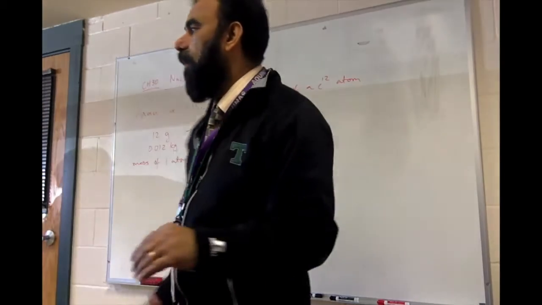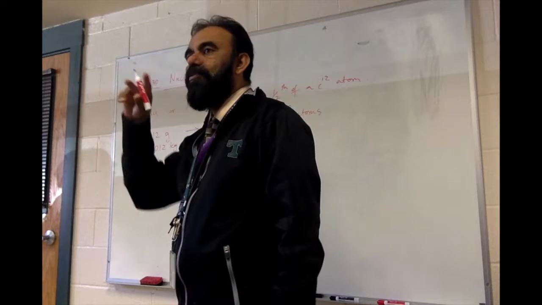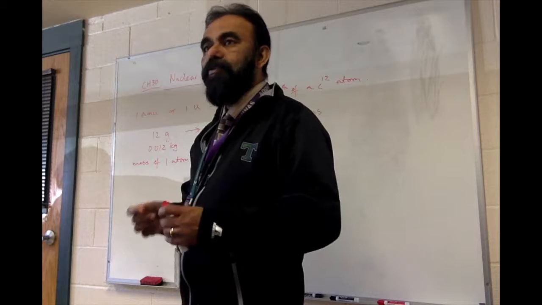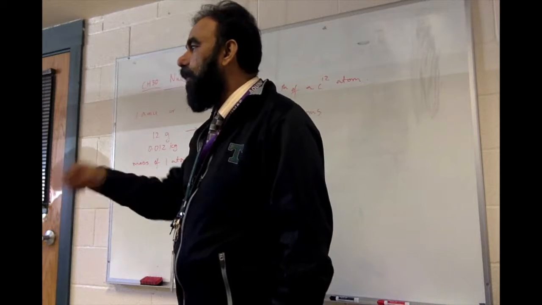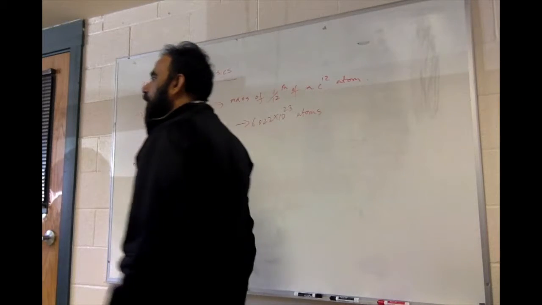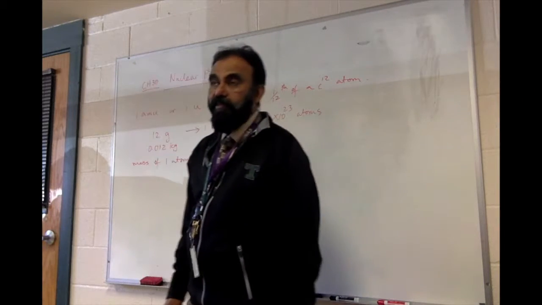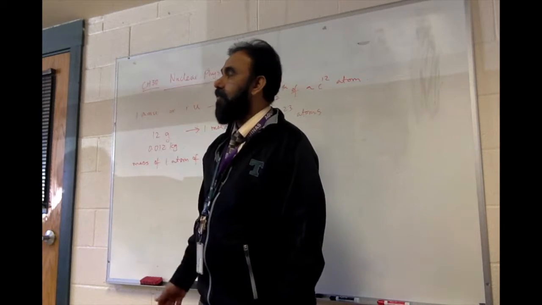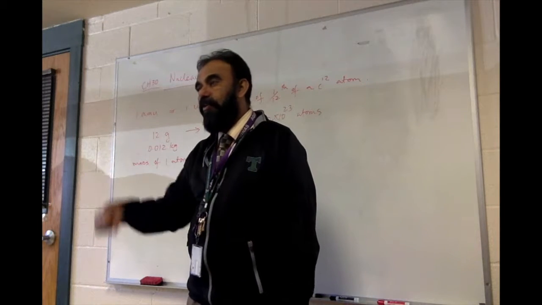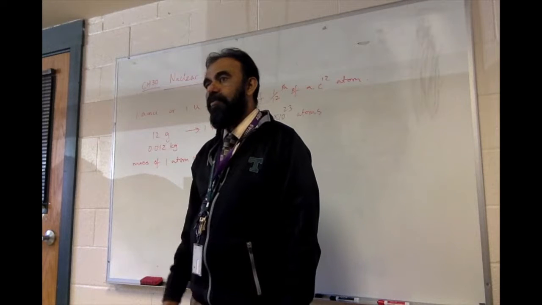Like uranium-238, with atomic number 92. What does that 238 mean? If you take 1 mole of uranium, it will weigh 238 grams. Right? You understand? So, in 1 kilogram, you will hardly have 4 moles.